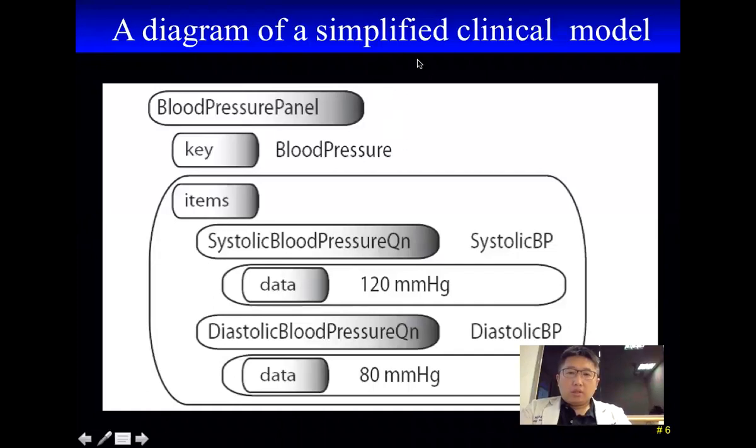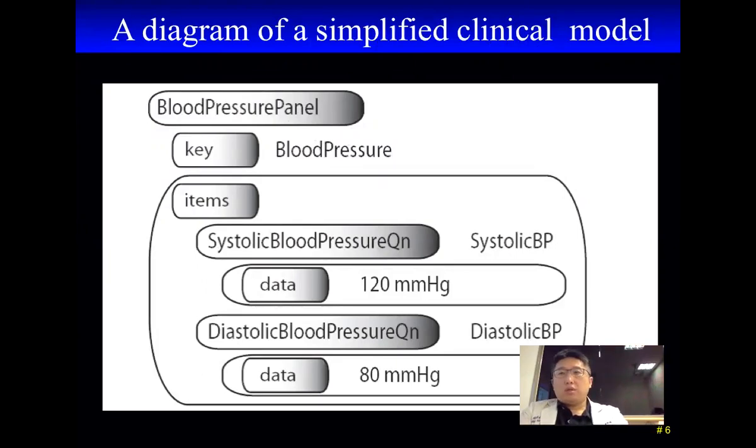So here is the diagram. We represent the blood pressure. If you want to collect a patient's blood pressure, you need the systolic and diastolic blood pressure, and usually you will have something like this. The good thing is that we know this is the blood pressure panel. So think about if you have a very sophisticated HIT system, like Guoxuan, in your project, you want to ask the IT expert to help you retrieve all the high blood pressure patients.